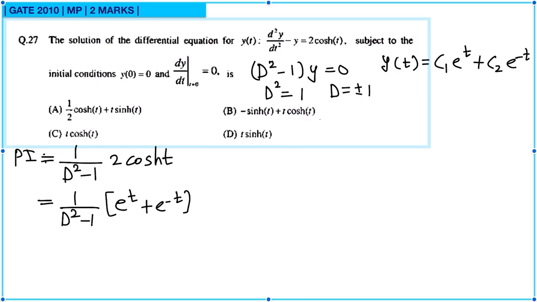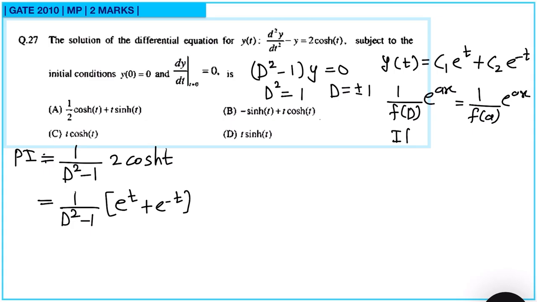Now if we have some function f of d operated on e raised to ax, then this is equal to 1 upon f of a into e raised to ax. And if f of a is equal to 0, then we have to take the derivative on both sides.